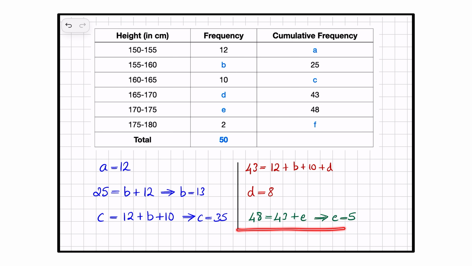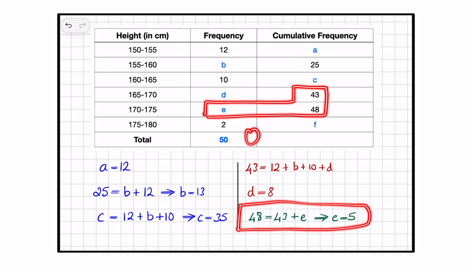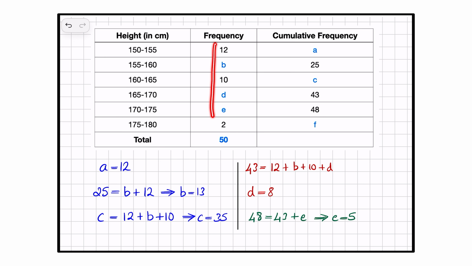I can find it this way, or by the first method, that is I add all these points: 12 plus B plus 10 plus D plus E, I will get 48. This way also you will get the same E value. So whatever method you prefer, you do that.